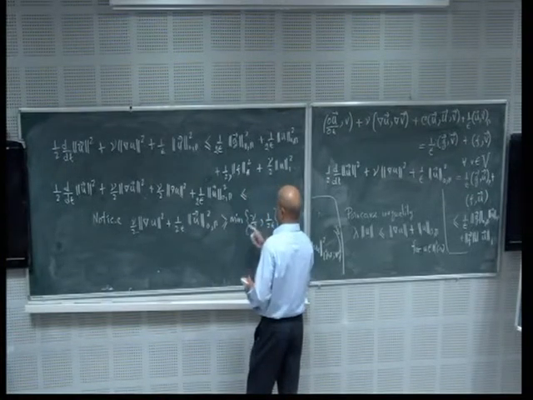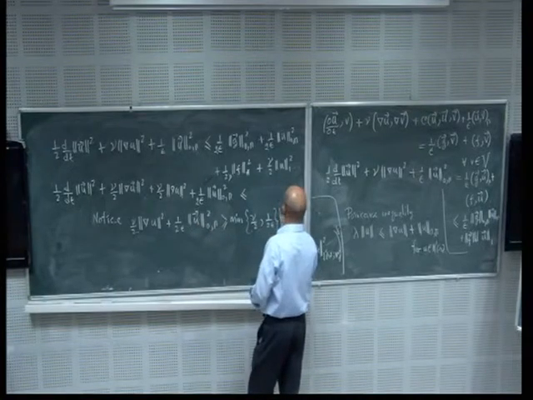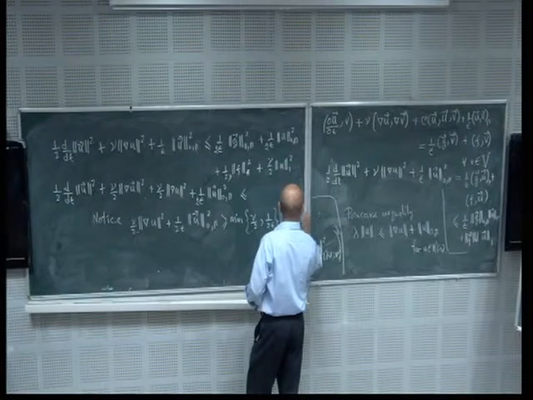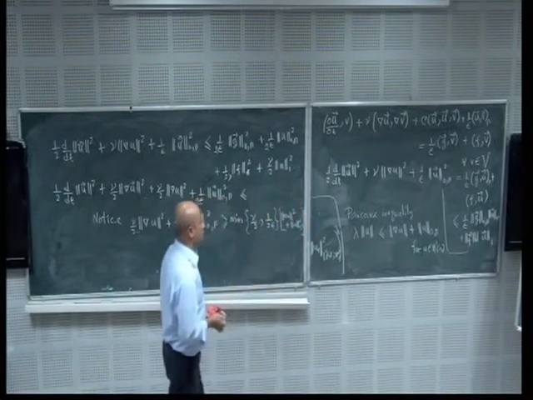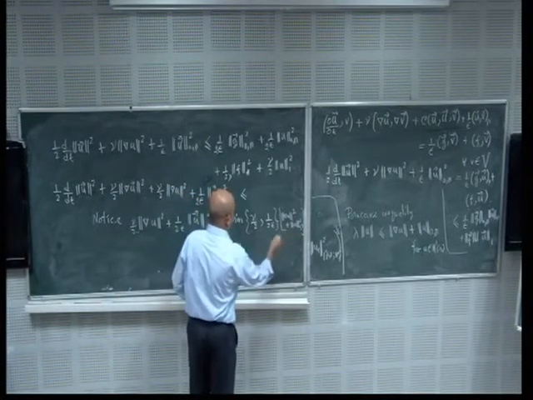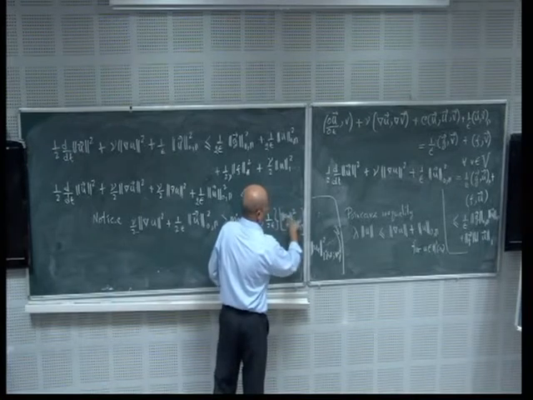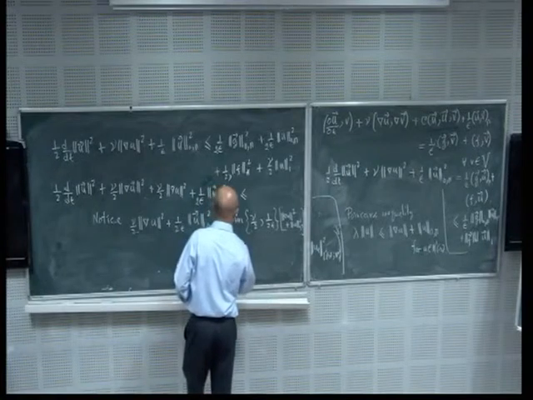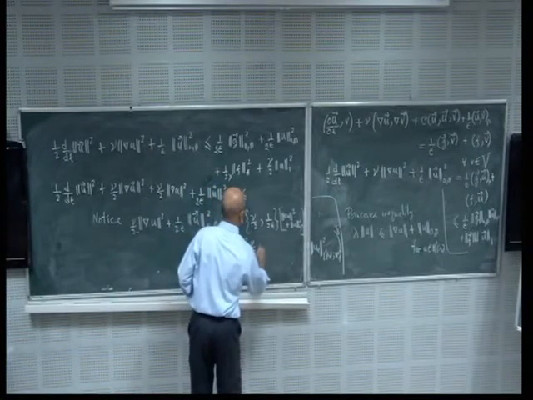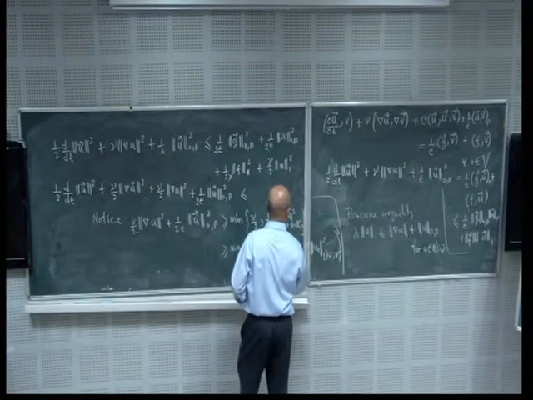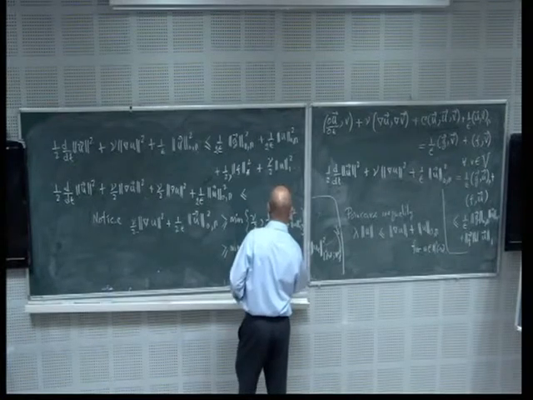If I replace those coefficients with this minimum, I get the norm of the gradient of u squared plus the norm of u on gamma squared. Therefore, by the Poincare inequality, I can say this is bigger than lambda times the norm of u squared, right? So this is less than or equal to the minimum of.